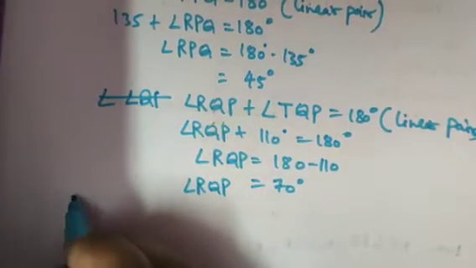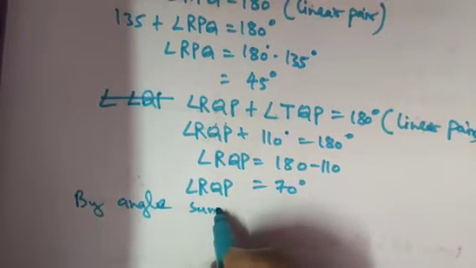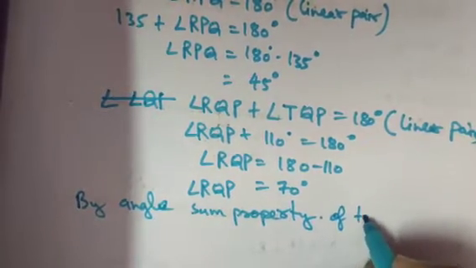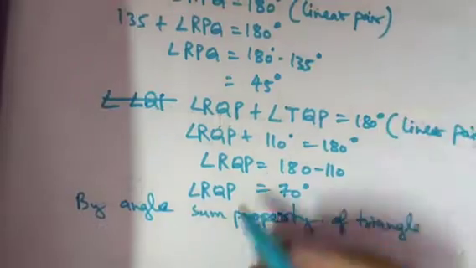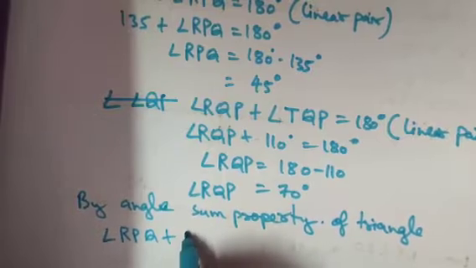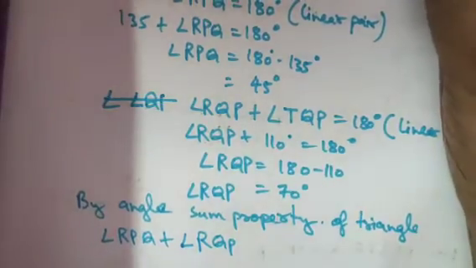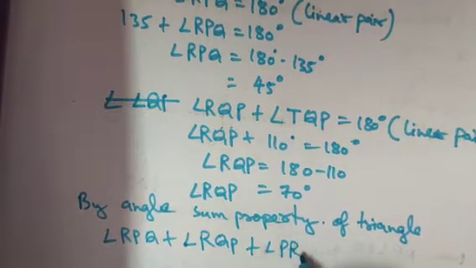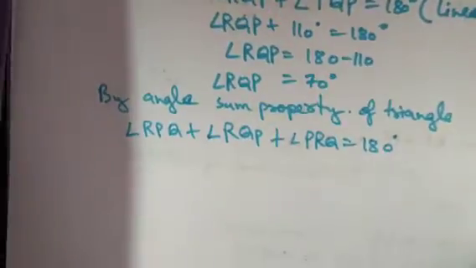Now by angle sum property of triangle, the sum of angles of a triangle is equal to 180 degrees. So angle RPQ plus angle RQP plus angle PRQ equals 180 degrees.